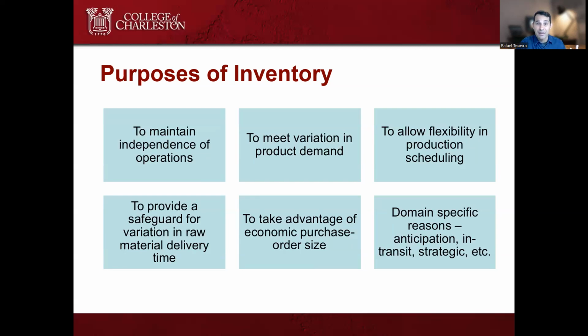We don't want this delay, because if delays, then maybe we don't have the parts, the raw material to keep our production running. So having a lot of inventory can help protect for this late delivery time.